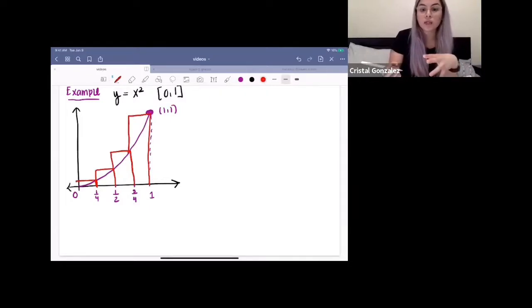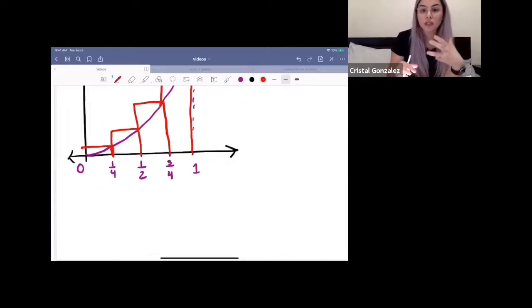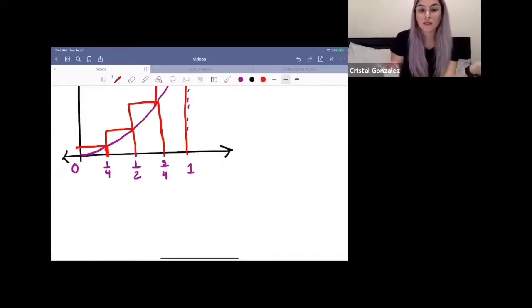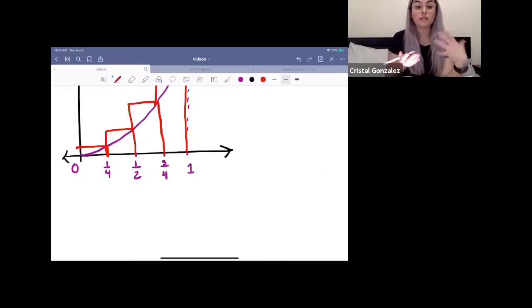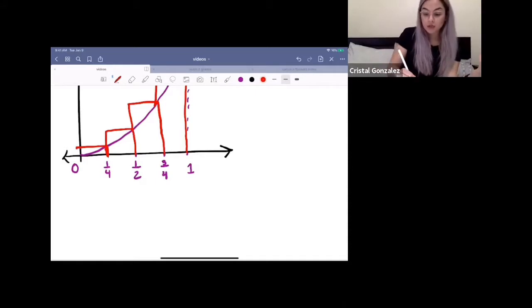So here we can agree, and hopefully we agree, that the width of each one of these rectangles is 1/4, because I cut my interval into 1/4 pieces. I said I'm going to cut it into 4 pieces, and it's between 0 and 1. So each of these little widths right here is 1/4.